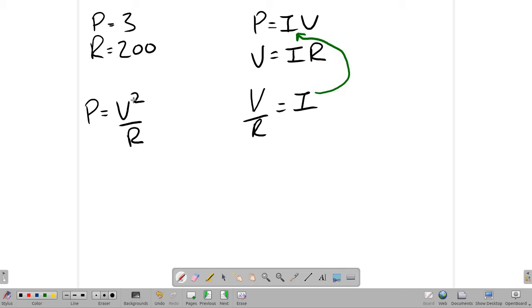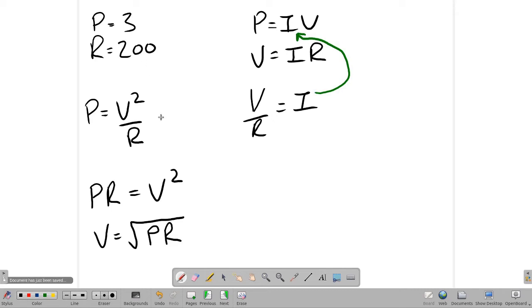Now rearranging, multiplying both sides by R, P times R equals V squared. So the voltage is going to equal the square root of P times R. P times R is 600, and root 600 will give us our voltage.